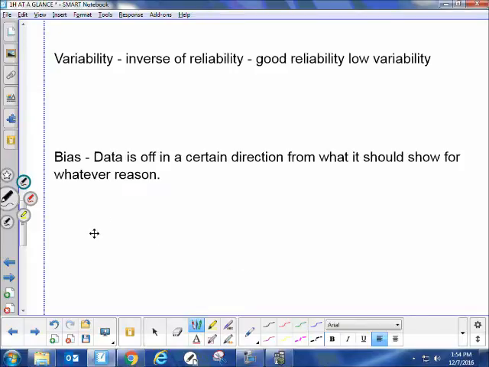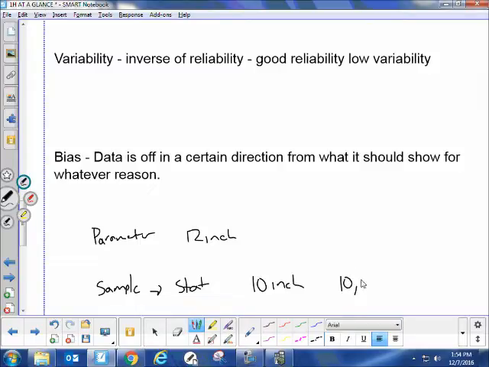Well, let's say that I know that the parameter for my ducks is ducks in North America should have an average wingspan of 12 inches. But let's say my sample produces a statistic that is 10 inches. And maybe after I did all of my samples, I saw that one duck was 10 inches, one duck was 9 inches, one duck was 10 inches, one duck was 10 inches, one duck was 9 inches, one duck was 10 inches.